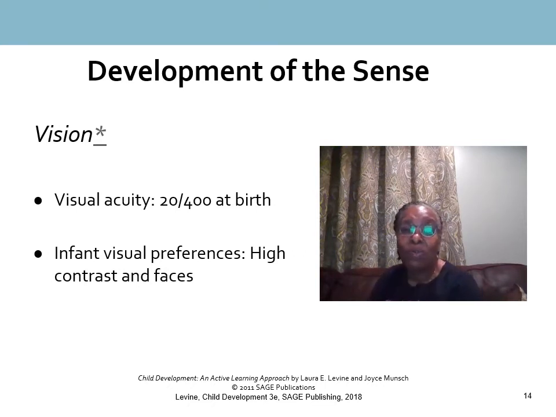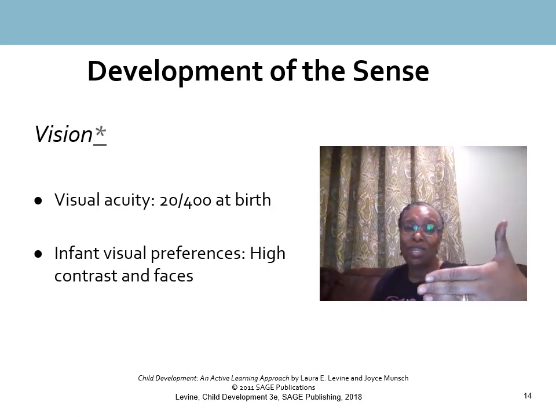However, there's been an estimate at birth that acuity is basically around 20/400 to 20/800. What does that mean? That's talking about how the infant can only see about 20 feet, where an adult with normal vision can see at least 400 to 800 feet away.